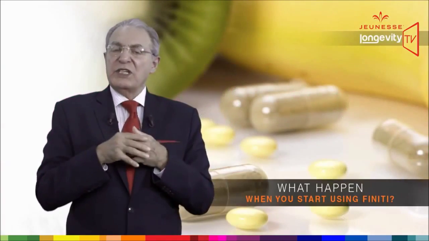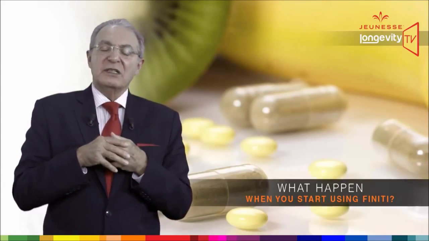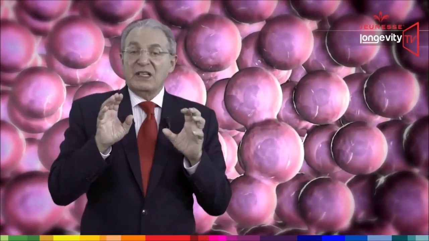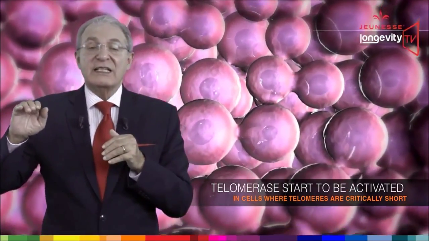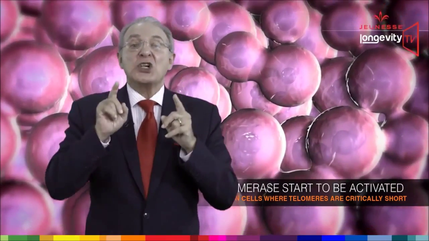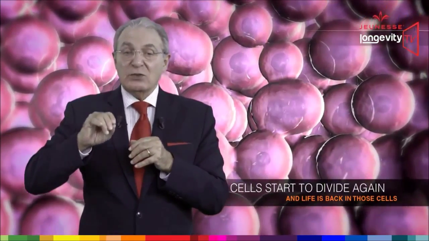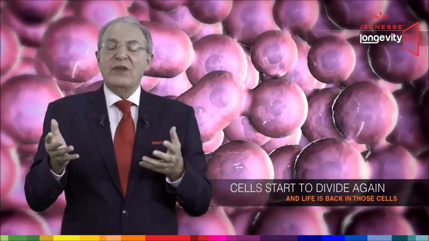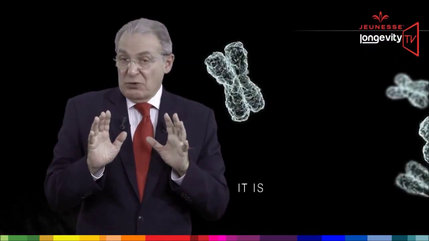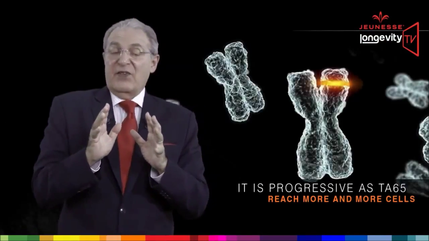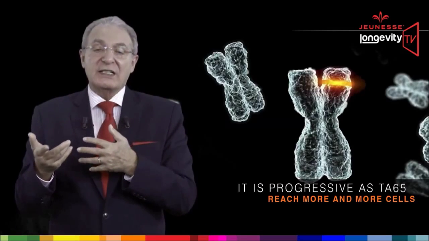So what happens when we start using Finiti? After taking Finiti, telomerase starts to be activated in cells where telomeres are critically short. At the moment when telomeres are longer than 5,000 base pairs, cells start to divide again, and life is back in those cells. It is progressive as TA65 reaches more and more cells.